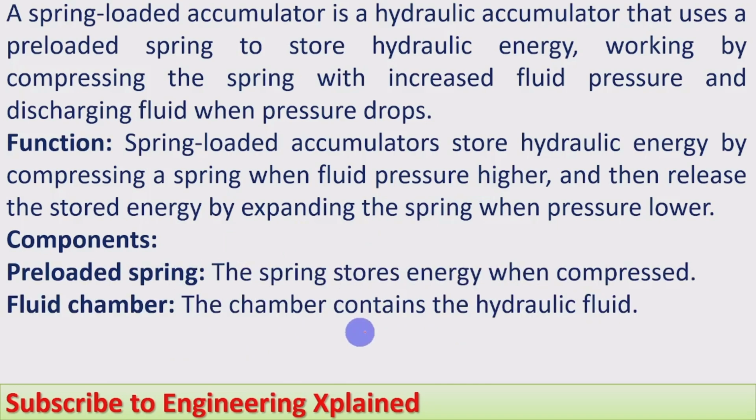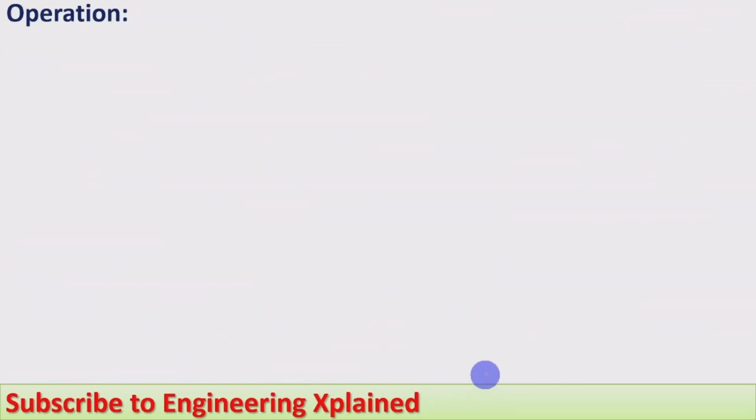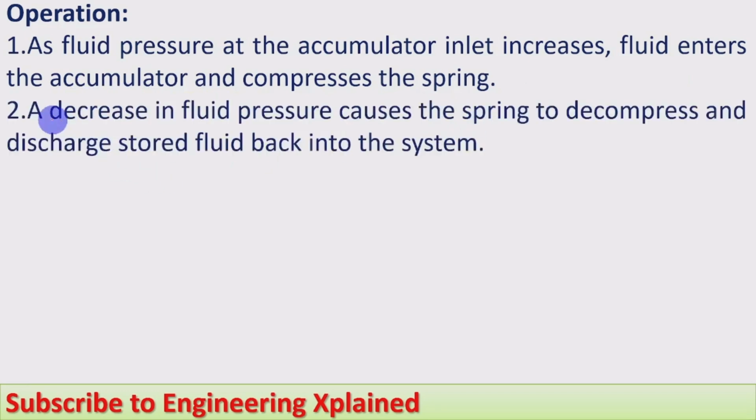Fluid chamber, which contains the hydraulic fluid. Hydraulic system connection, which allows the accumulator to connect to the hydraulic system. Operation: first, as fluid pressure at the accumulator inlet increases, fluid enters the accumulator and compresses the spring. A decrease in fluid pressure causes the spring to decompress and discharge stored energy back into the system.